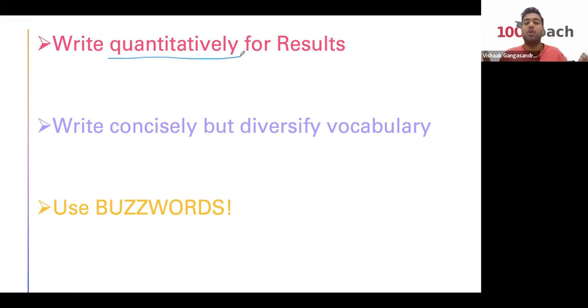What do I mean by writing quantitatively for results? For all of your science student experiments, you should be getting results. When you talk about them in text, mention the results very quantitatively. State very specifically, as the X variable increased from this to this value, the Y variable increased from here to here.